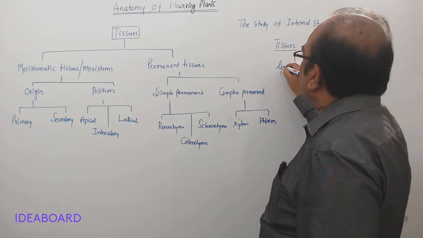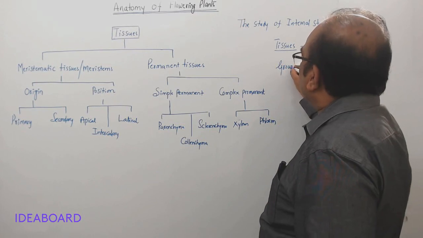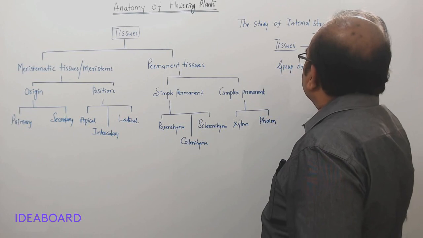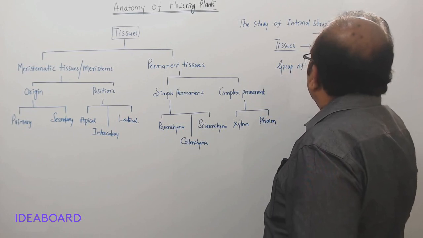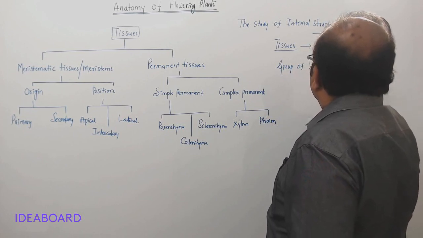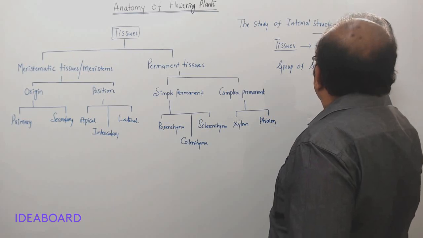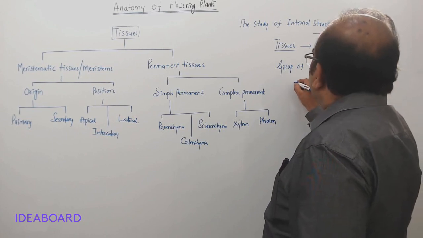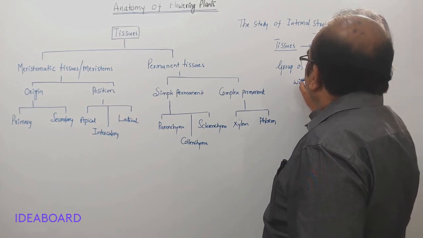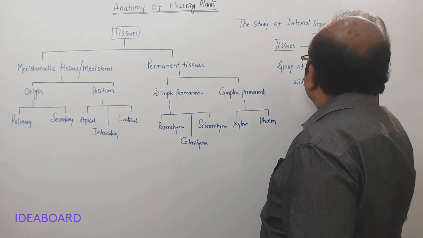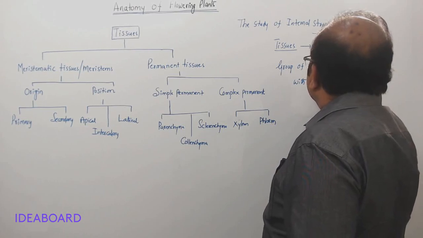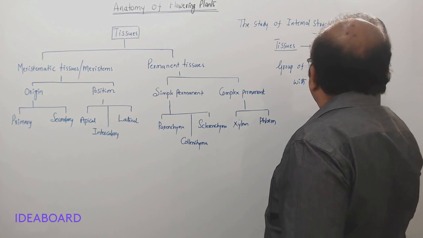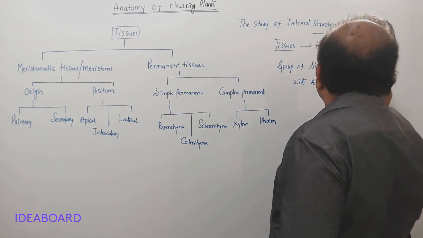Tissue is a group of similar or dissimilar cells with similar origin and function.